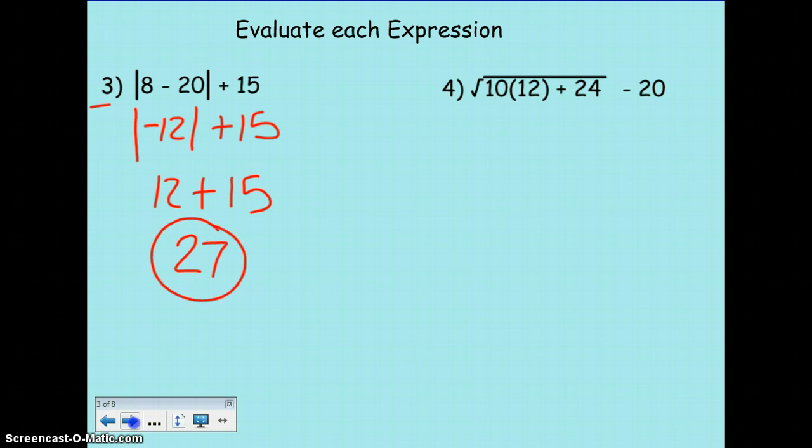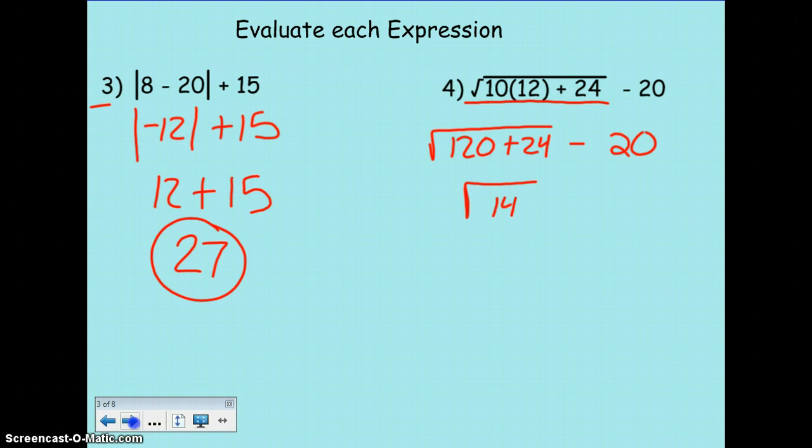In this problem, I need to simplify everything under the square root sign before finding the square root. So if I go 10 times 12, I get to 120 plus 24. Again, remembering to take the square root of that. Then 120 plus 24, that's 144.